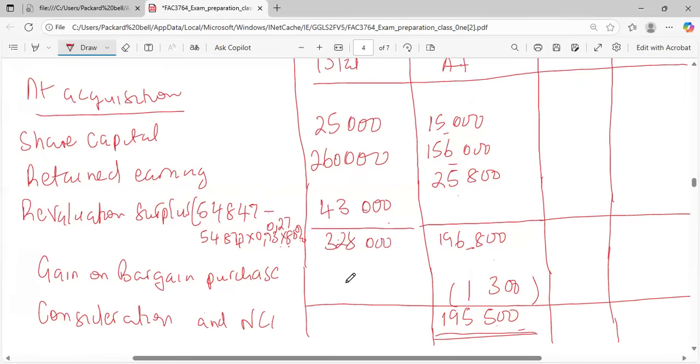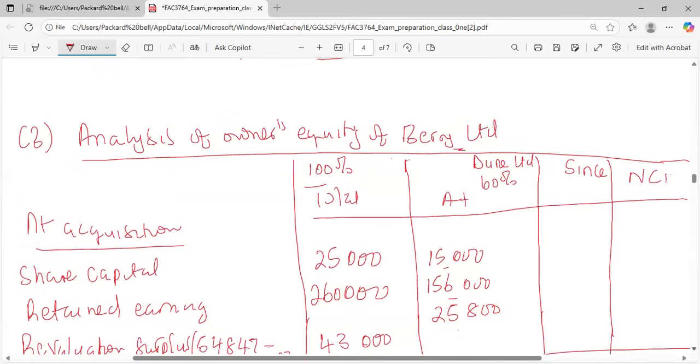So I'm going to take out 1,300 here. So it's going to be how much there? 326,700. Right? Then what we want now is the NCI here.